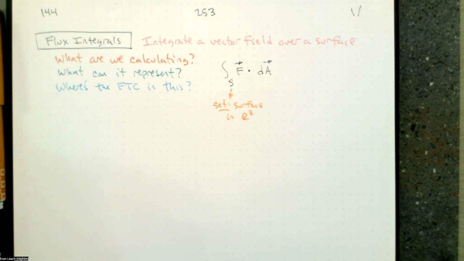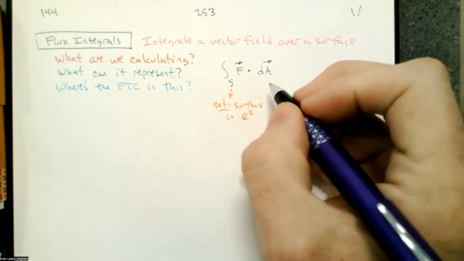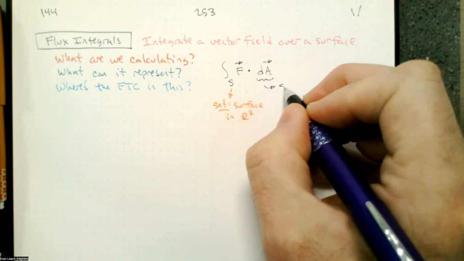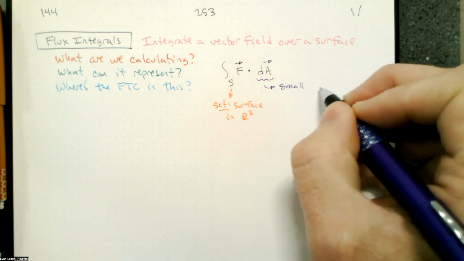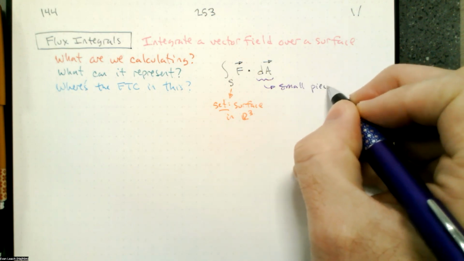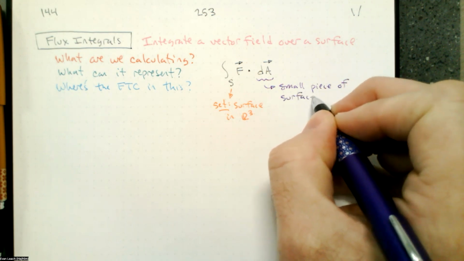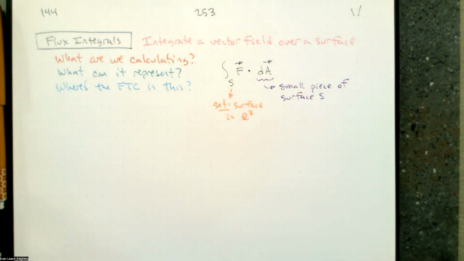So dA is a small piece of the surface S, but we note that it is a vector.